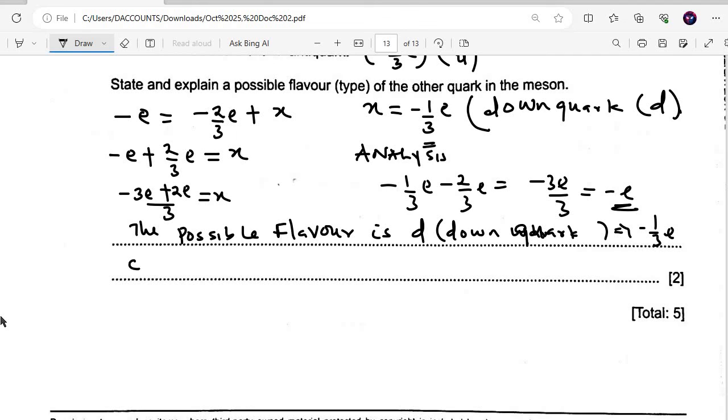So this type of meson is composed of the charm antiquark and the down quark. That's the answer.